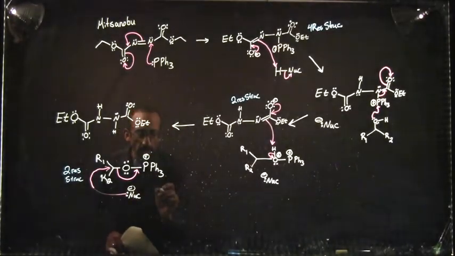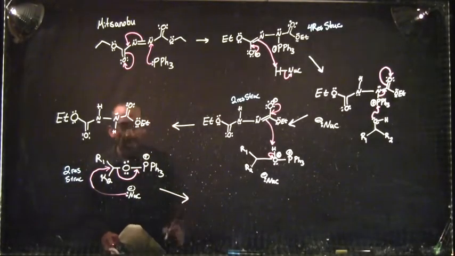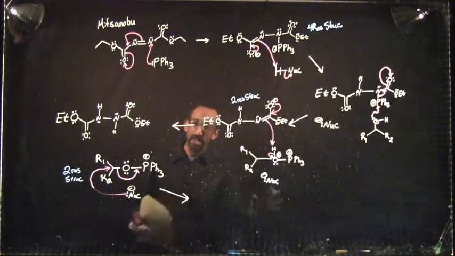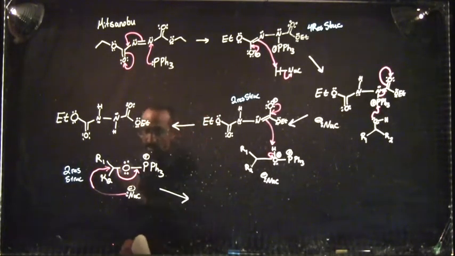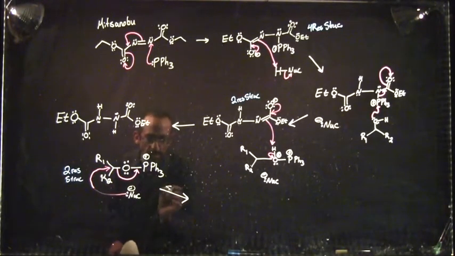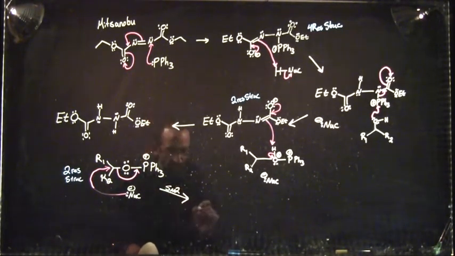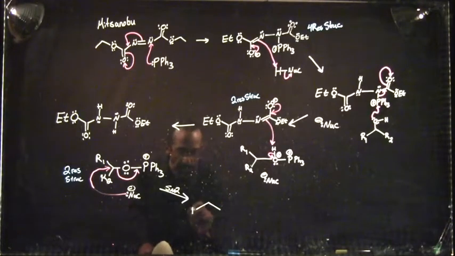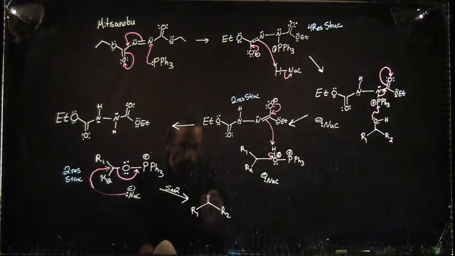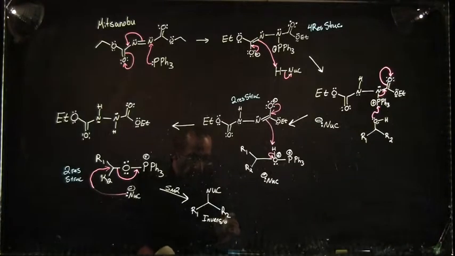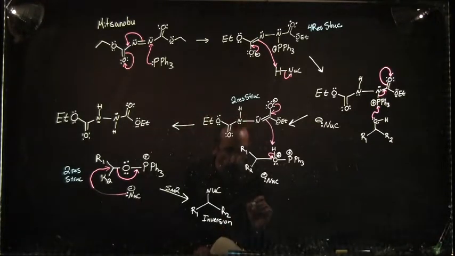And we get our last 2 products, or our product and our last byproduct of the reaction. Because this is an SN2 process, we now have our substituted alcohol, which forms with inversion, and we have also formed triphenylphosphine oxide.